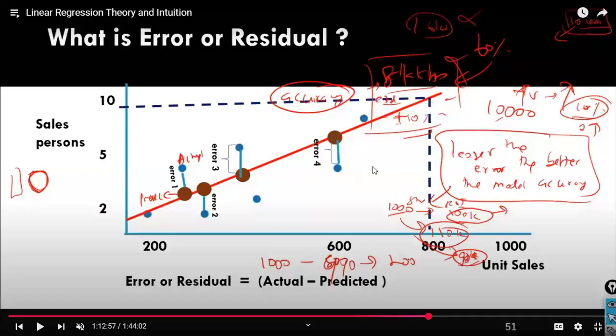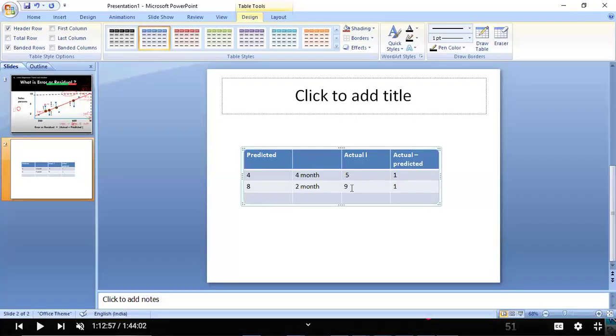Actual minus predicted, here you need to square it. Why? Supposing you get a negative value, what should you do? Let's say your actual is 9 and the predicted is 10. Predicted is 10.